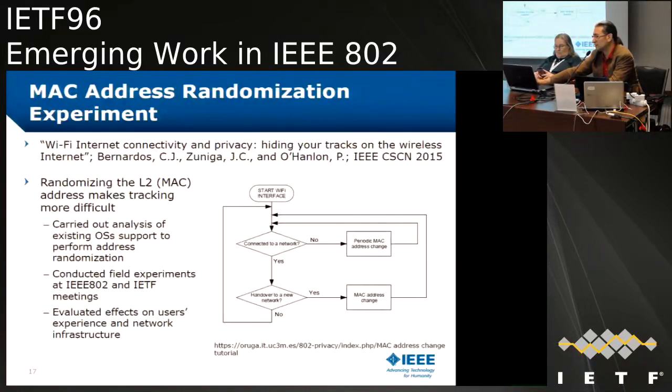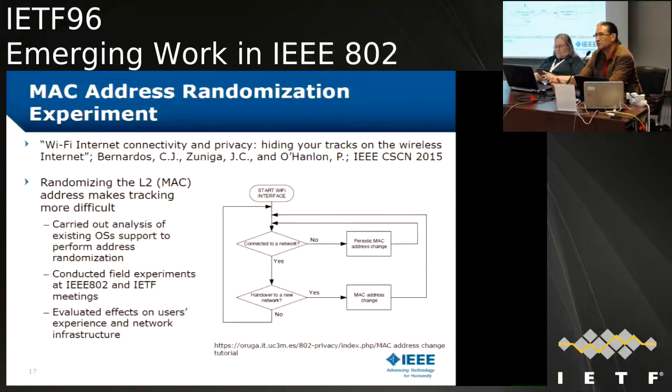So what we did is we have a paper describing the experiment, but we created this small software to run on Linux, Windows, Android, and iOS to allow the randomization of MAC addresses. And we experimented with how it would work. In general, there were simple rules, like you don't want to change your address in the middle of a connection.